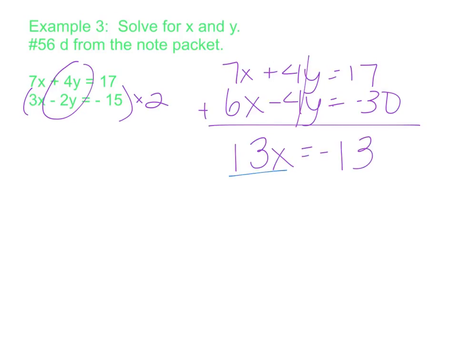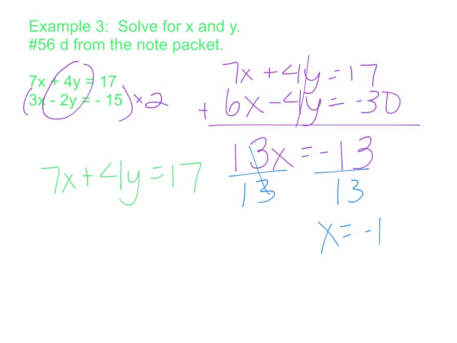We can now solve for x and divide both sides by 13 to get x equals negative 1. So we need to go back and plug this into one of the equations so that we can solve for y. I'm going to plug it back into the first equation. So that was 7x plus 4y equals 17. Instead of an x, I'm going to substitute in my negative 1.